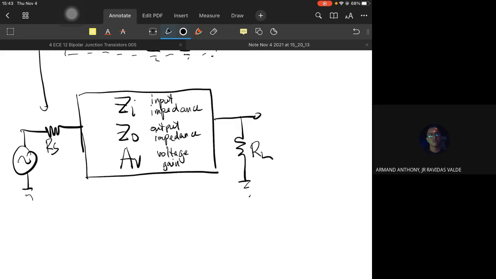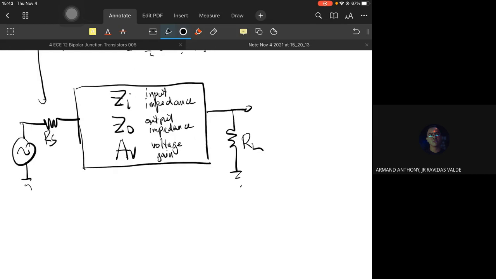These are the three most important characteristics or parameters of an amplifier. If we know these three, it no longer matters what type of amplifier is inside, or what type of biasing circuit. We already know input impedance, output impedance, and voltage gain.